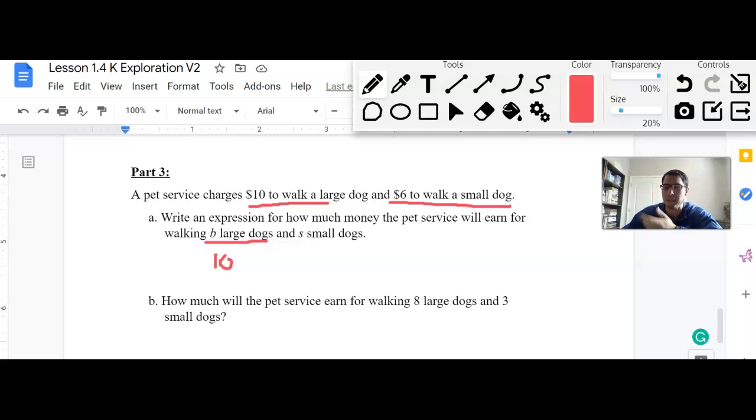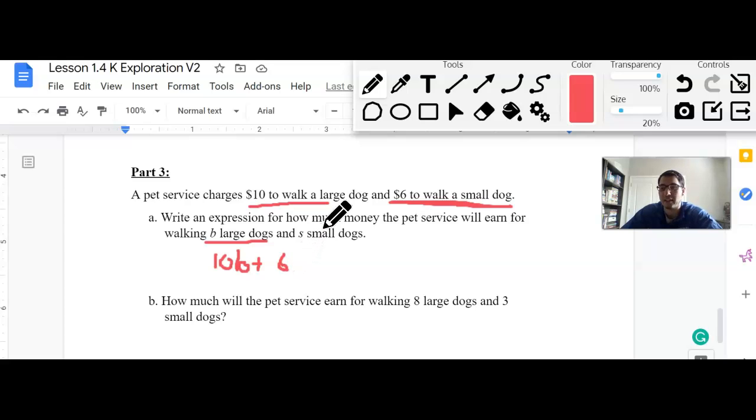If we walk B, some unknown value, large dogs, we would multiply it by 10. So 10B, 10 times the number of large dogs that we walked, plus $6 to walk a small dog. So plus $6.